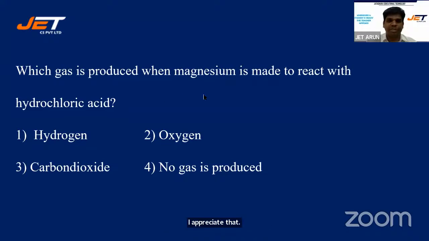Which gas is produced when magnesium is made to react with hydrochloric acid? Hydrogen, oxygen, carbon dioxide, or no gas is produced? Consistent response again.